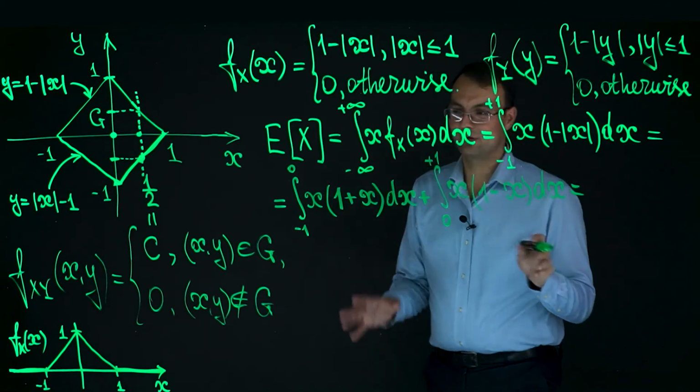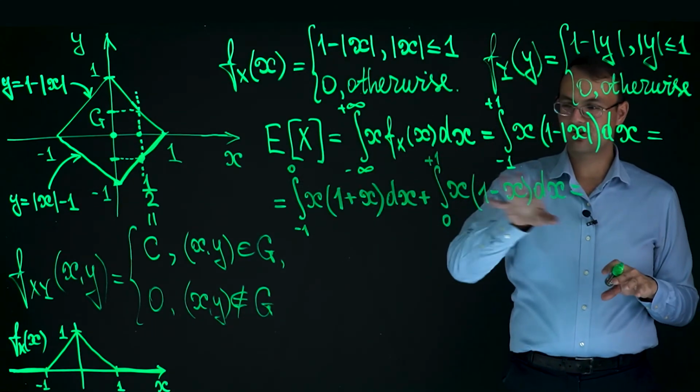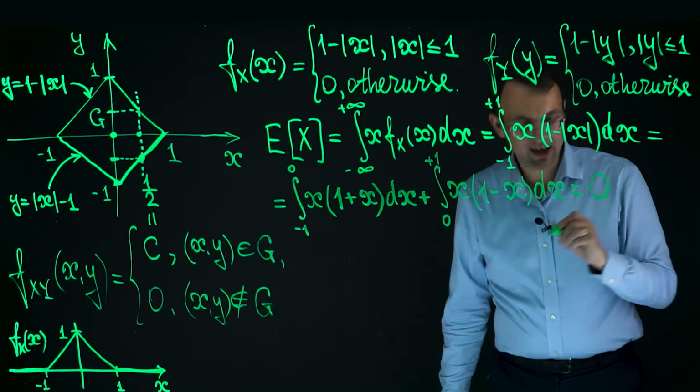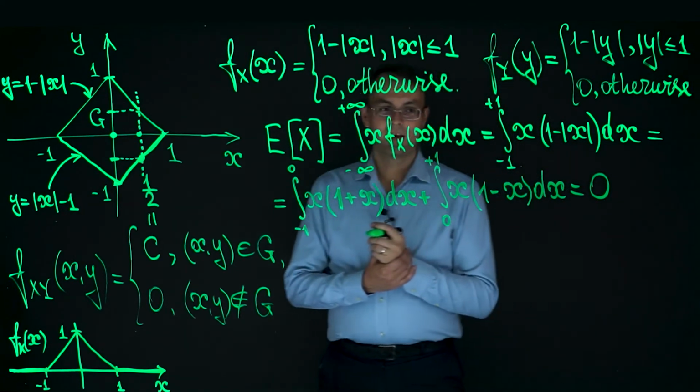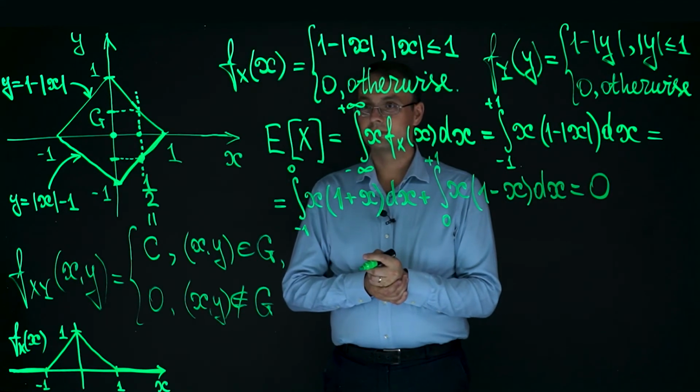I don't want to waste your time, but if you do all necessary operations here, you'll get that it is equal to 0. So expected value of x is 0.